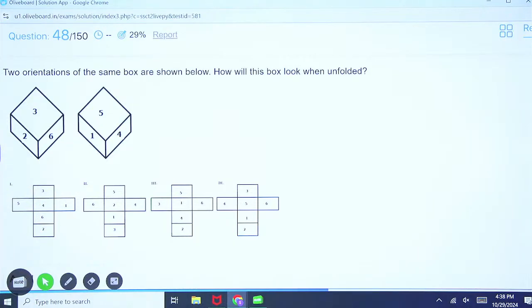How can we do this one? If I am assuming the standard dice, with the help of standard dice, it cannot be possible. Then what should we do?